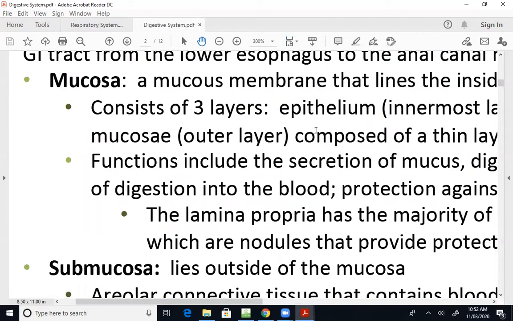Now, before we talk about the mouth specifically, I want to talk about the tract as a whole and its wall makeup.